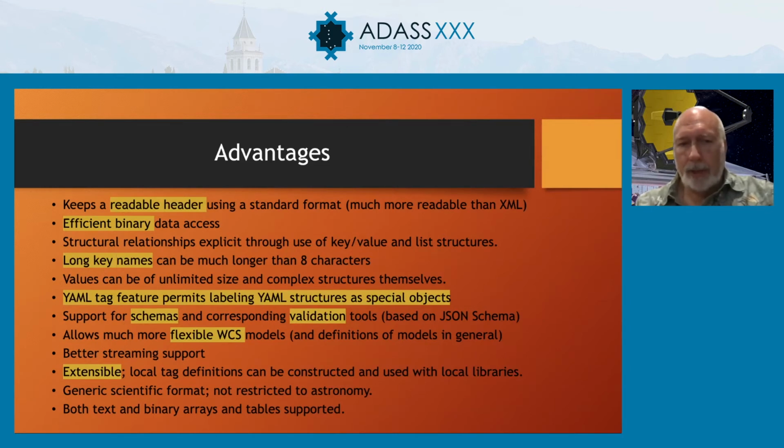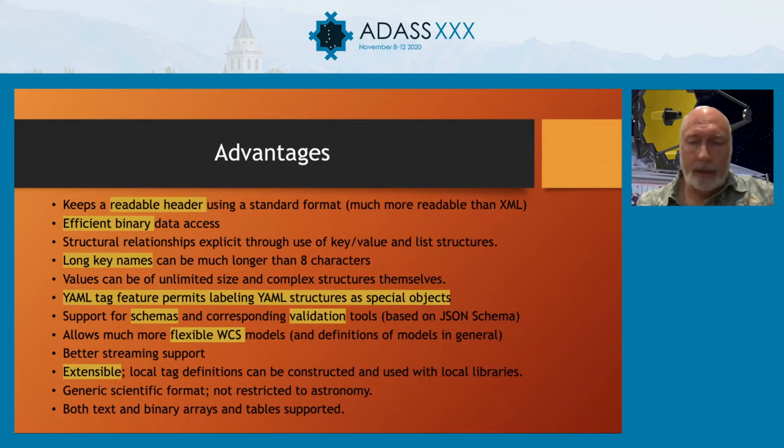You can publish, basically, a tag gives information about where the schema information for that tag is, and also can be used to determine what software you need to interpret that. If you don't happen to have that software, it just reads it as normal YAML. So it won't prevent you from reading the file.